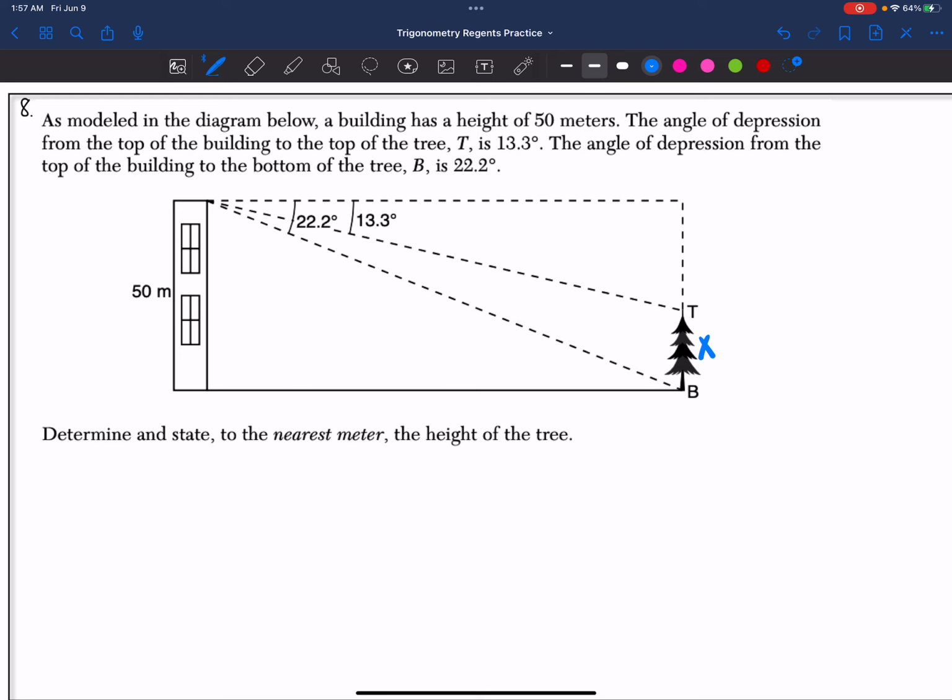Now, we're definitely using trig, and we've seen questions like this before, and we know that when we see this kind of overlap, I somehow need to find out one and then find out the other, and then subtract it. So notice, since this building is 50 meters, I know that this whole length over here is 50 meters as well.